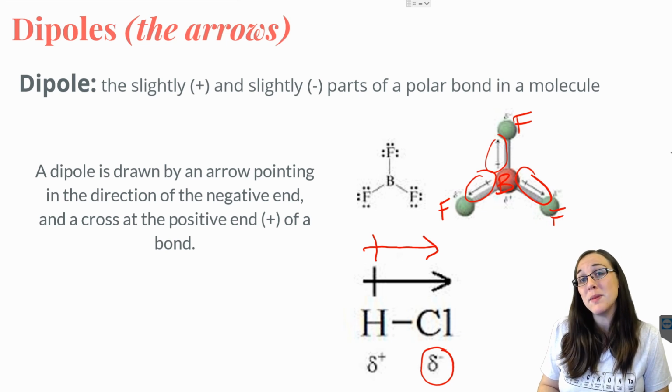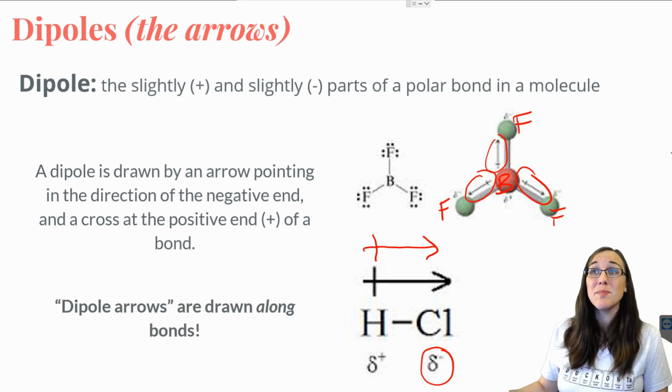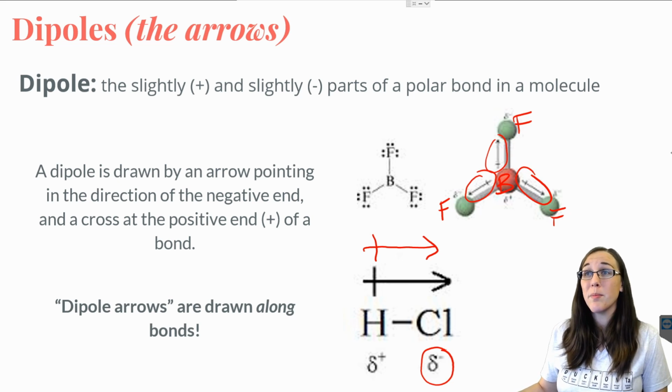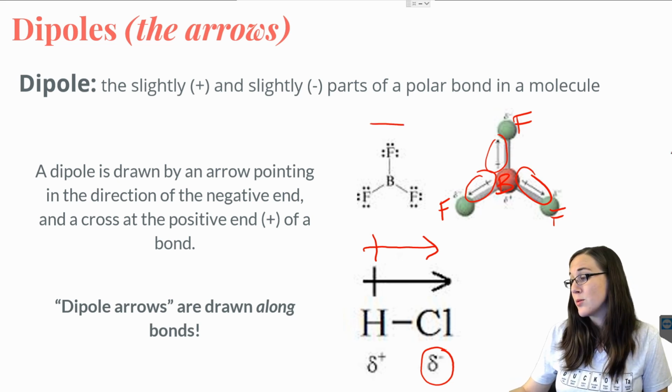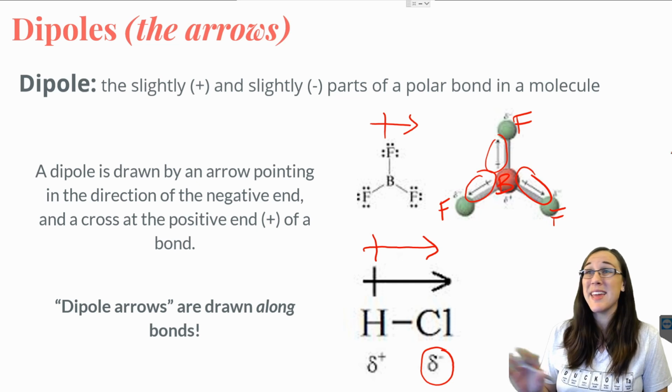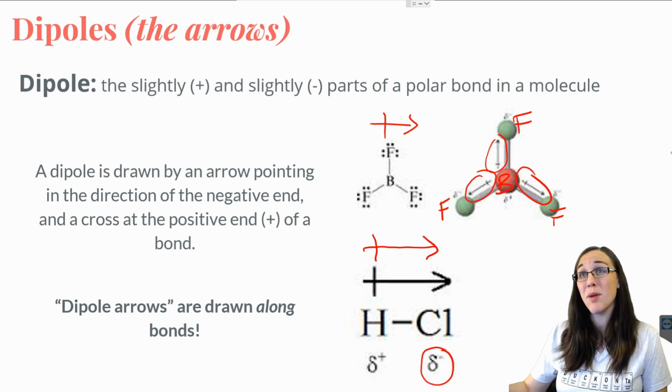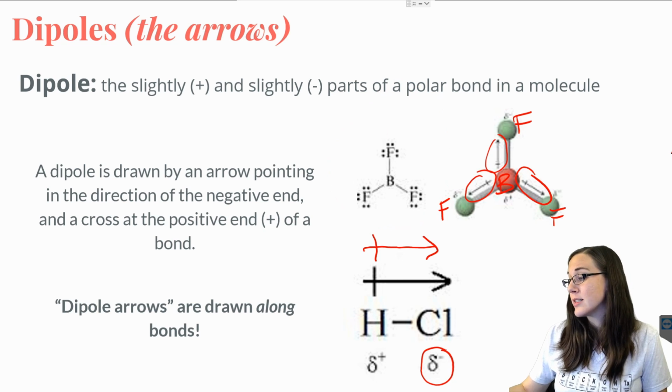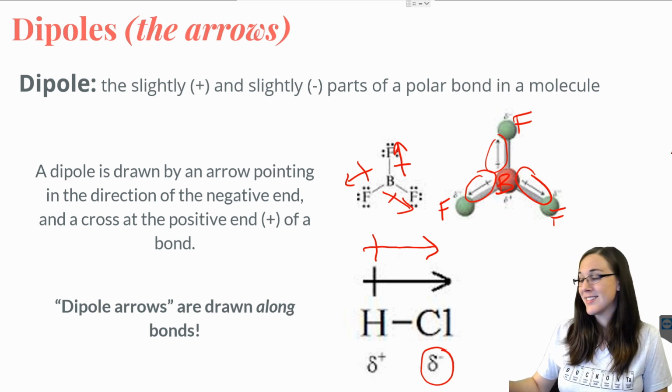Therefore, it will always be the one that is slightly negative. When you draw dipole arrows, make sure you do draw them along the bonds. So you wouldn't want to do this. That doesn't make any sense above this molecule up here. You want to make sure that you're drawing those dipole arrows along the bonds, each individual bond.